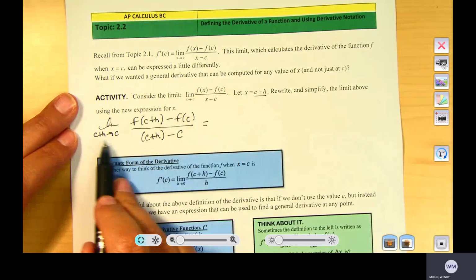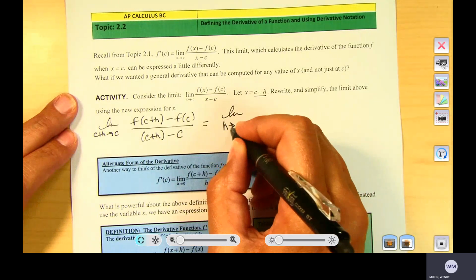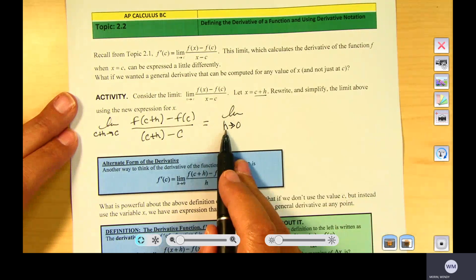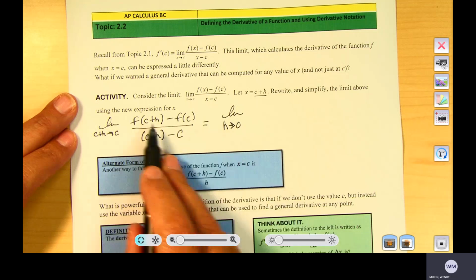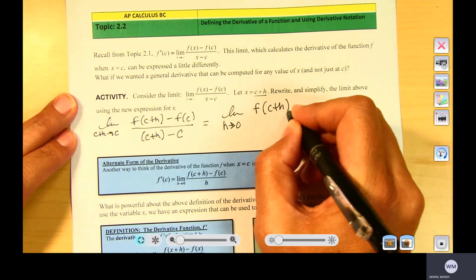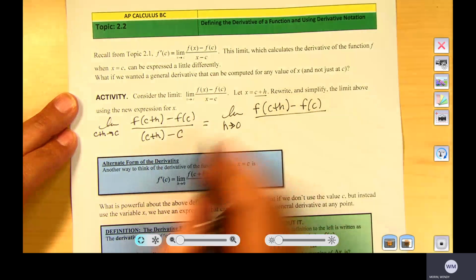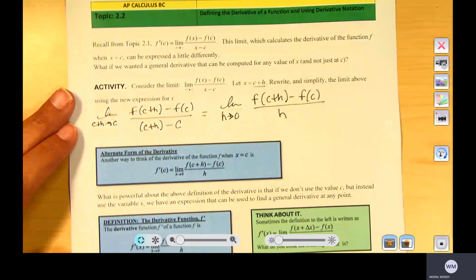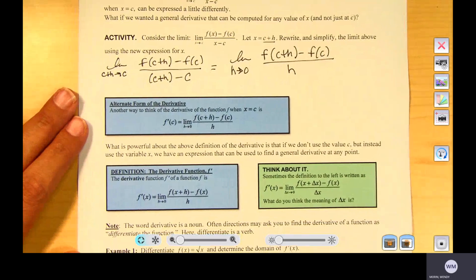And what you end up getting is the limit as h approaches 0. That's our delta x, so that makes sense. Our delta x is approaching 0, our h is approaching 0. And on the top, we have f of c plus h minus f of c all over h, or delta x. So this is an alternate form of the derivative.